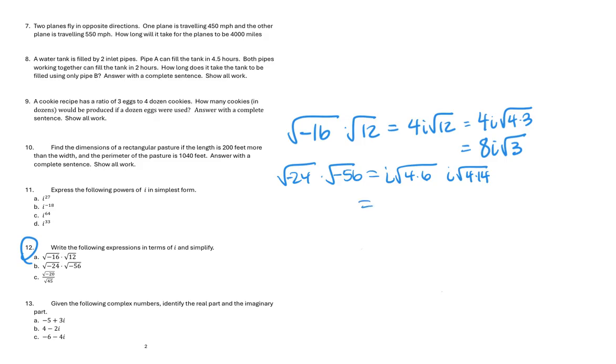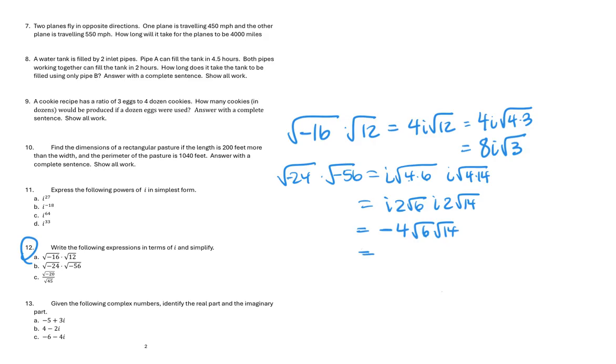So I should be able to pull out a 2 from each of those. So I'll have a 2 from there. And I'll have an i, and I'll have a 2 from there. Okay, and then let's move some things around here. So I can put that 2 and that 2, I can multiply together. So I'll have an i times i is i squared, which is negative. So I'll have 4 square root of 6 square root of 14.